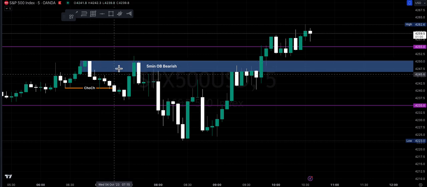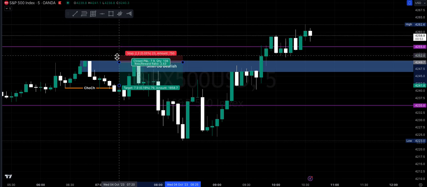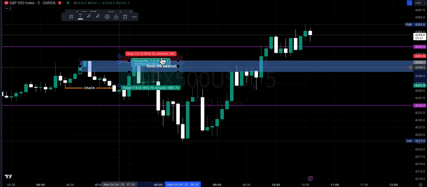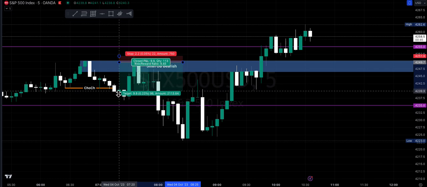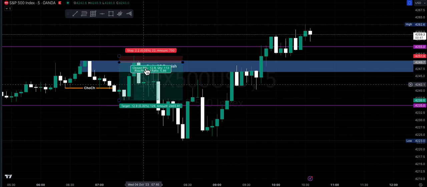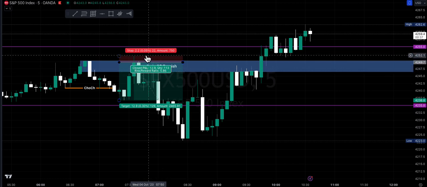Let's say I take the trade here when this candle closed, and I put my stop loss just a little bit above the order block, assuming that the candle will close just a little bit above. And I would target the swing low, which is this low that was created there. So my risk to reward on this trade would have been 5.86.